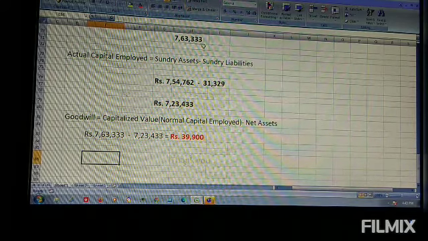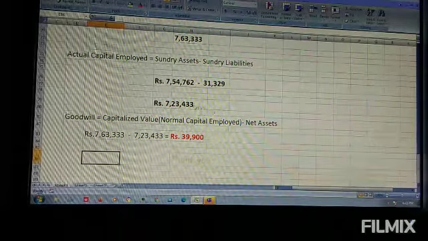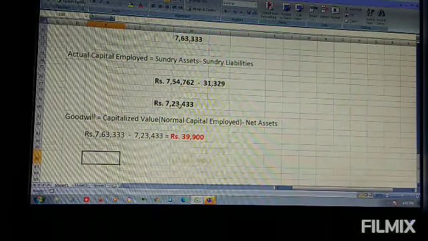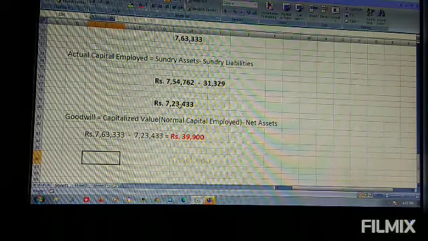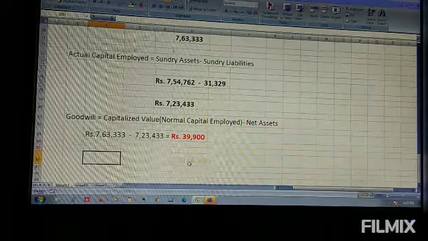So with less investment we earn the normal rate of return. That's why we say it is goodwill. I hope you understood.